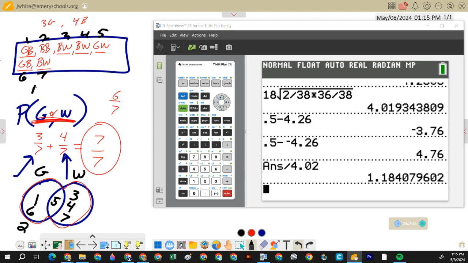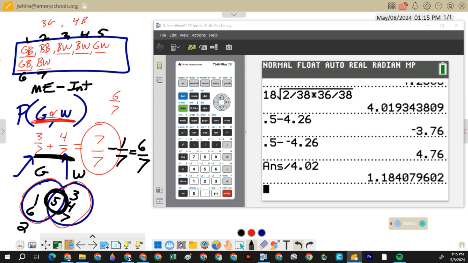If they are mutually exclusive, then all you have to do is add the probabilities together. But what if they're not mutually exclusive? Then you add the probabilities together and you subtract off the intersection. So this girl got counted twice, so I need to subtract her off, and that's where the 6 out of 7 comes from.